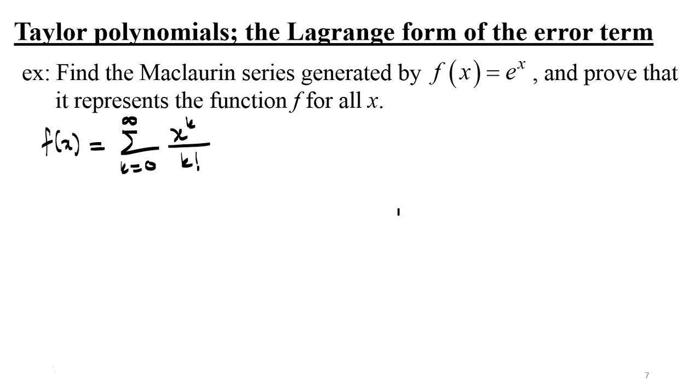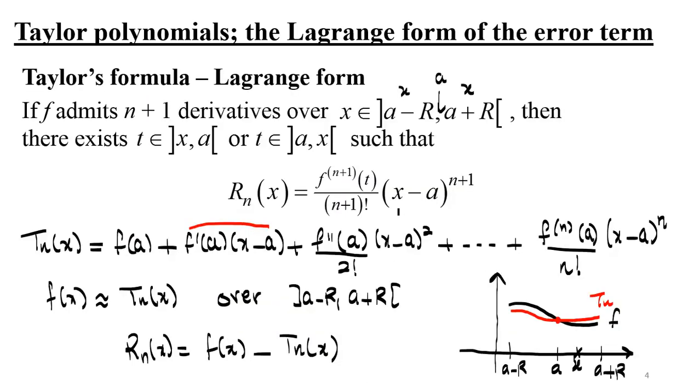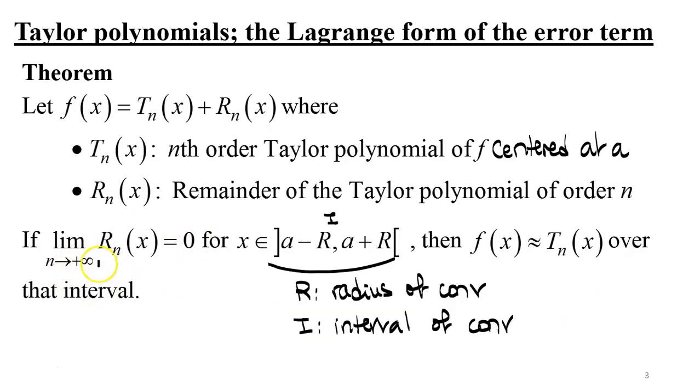So I need to prove that this Maclaurin series approximates y equals e to the x well for all x in R. So first what I need to do is determine the interval of convergence of this series, to check over which interval the function is approximated by this Maclaurin series, and then I need to determine the error term that is generated by this approximation and check if the limit of that error term is 0, going back to this theorem.